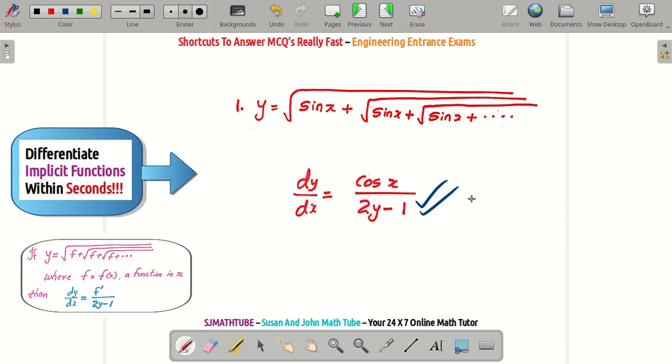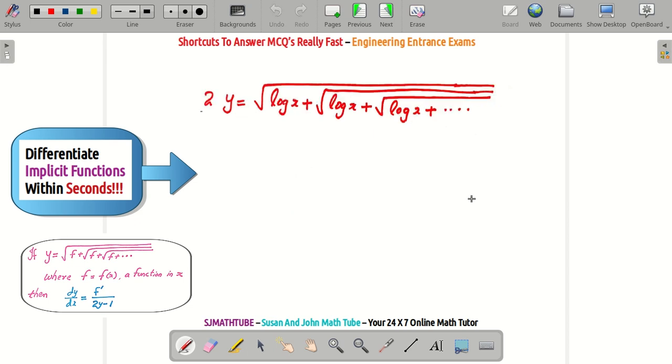So shall we try one more question? Same thing. Are you able to see the pattern? Root f plus root under f plus root under f plus dot dot dot. And instead of our f of x, we have log x. And the derivative of log x is 1 by x.